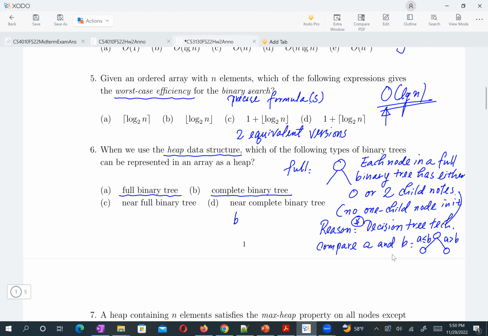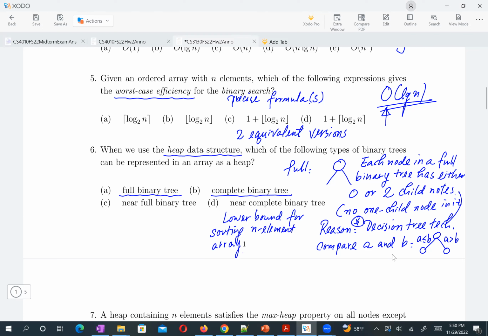I gave you one important result before. So that is, what's that? Lower bound for sorting an n element array.